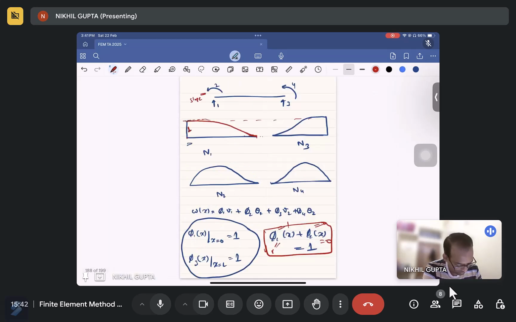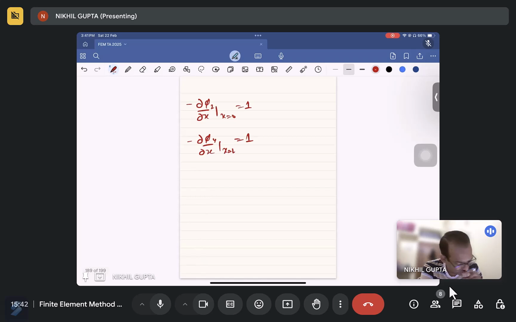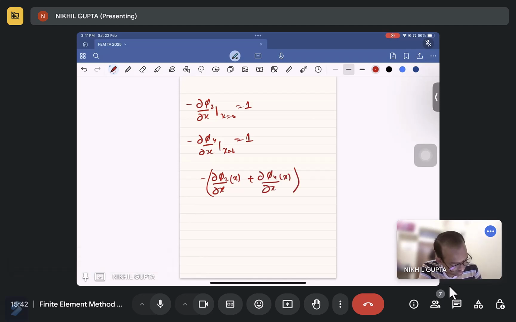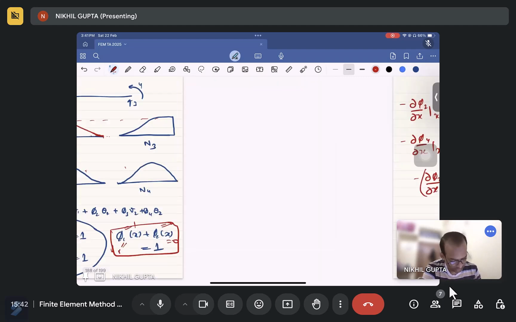It is based on these two. So similarly, combining this, del phi 2 by del x at any x plus del phi 4 by del x at any x equals 1. So this is also satisfied.